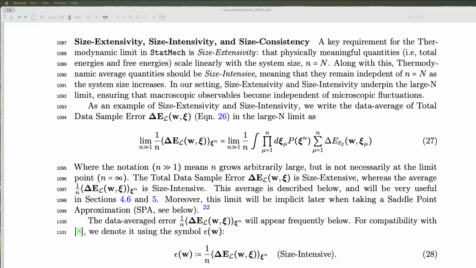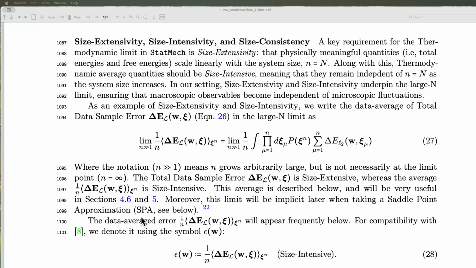So in our setting, size extensivity and size intensivity underpin the large n limit, ensuring that macroscopic observables become independent of microscopic fluctuations. For those of you who like statistical learning theory, this is a different way to describe a limit. So I want to go through this again.